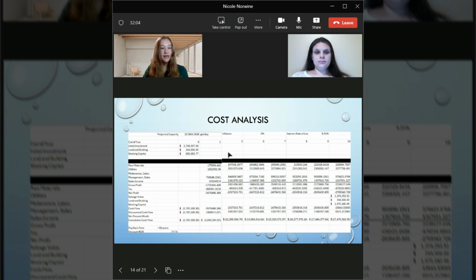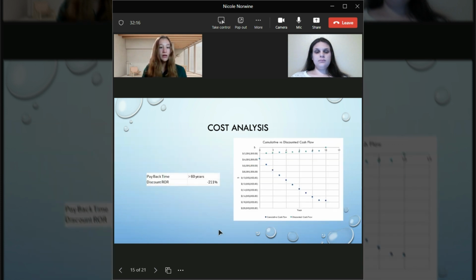So then our cumulative cash flow for that year was negative $3.8 million. And as you can see, as the years go up, including inflation and the interest rate of the loan, we are seeing negative numbers as the plant operates further and further. In our cost analysis, it was found that the payback period time and the discount rate of return make this an unfeasible process economically.